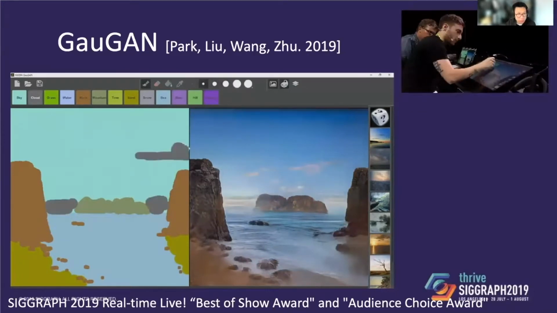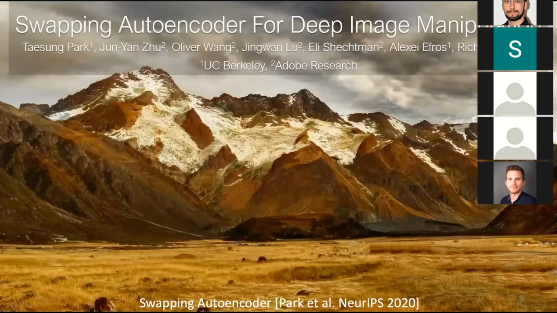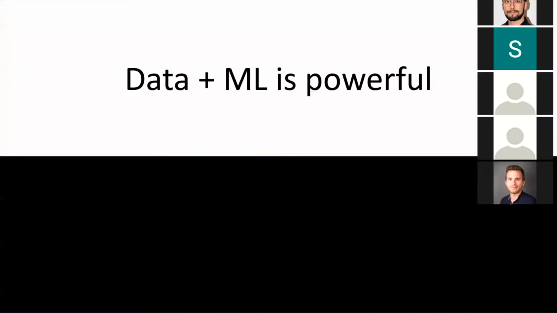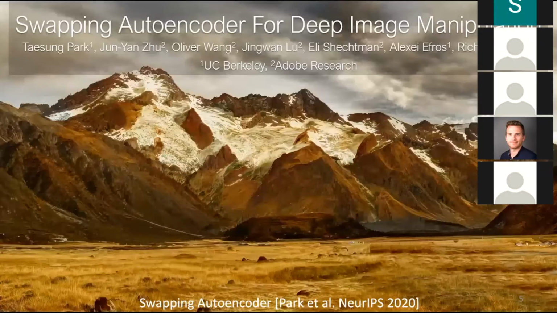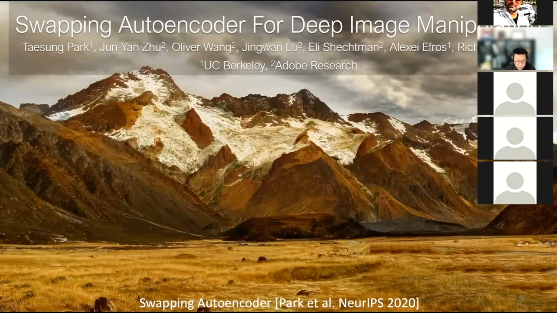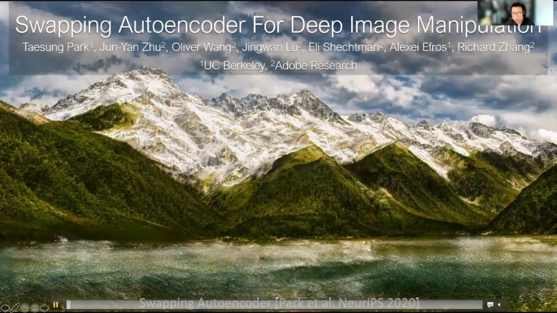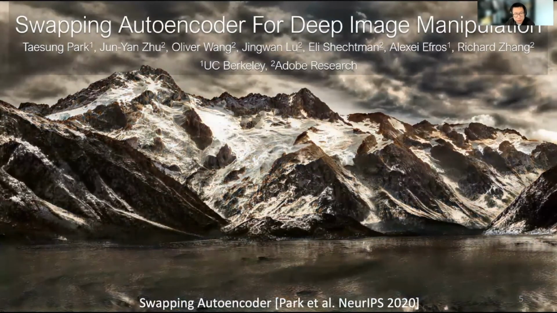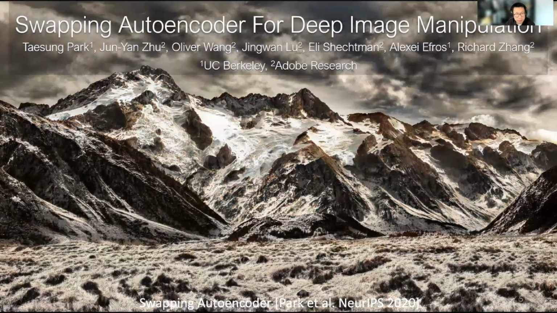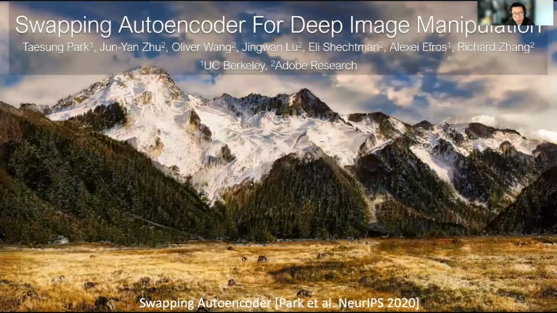A more recent example is this work called swapping autoencoder. The idea here is we can try to generate images from different seasons or different times of day, daytime, nighttime, and this allows you to swap the style between two images.